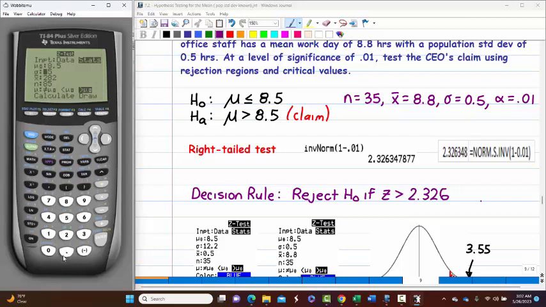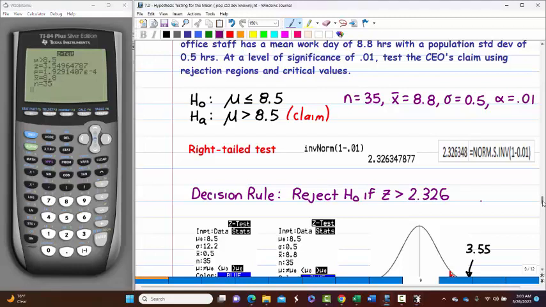Standard deviation, 0.5. 8.8 is the sample mean. 35 is n, and this is a right-tailed test. The correct one there is already highlighted, the greater than. That's correct. So there's our test statistic, roughly, to two places, 3.55.